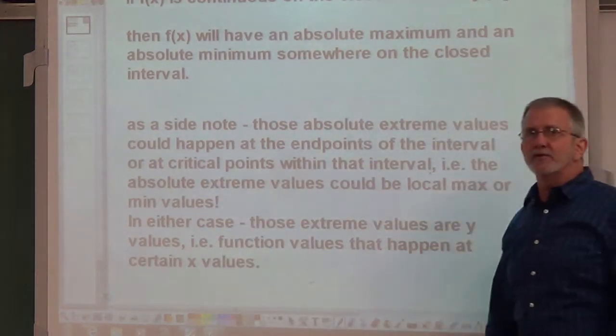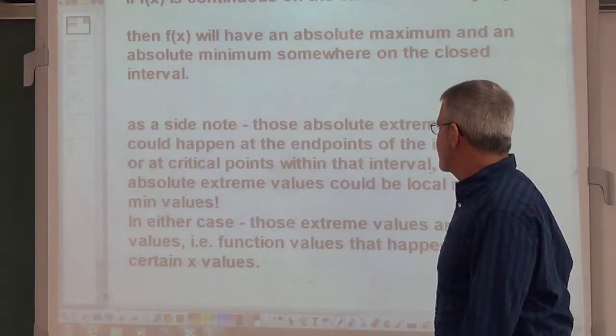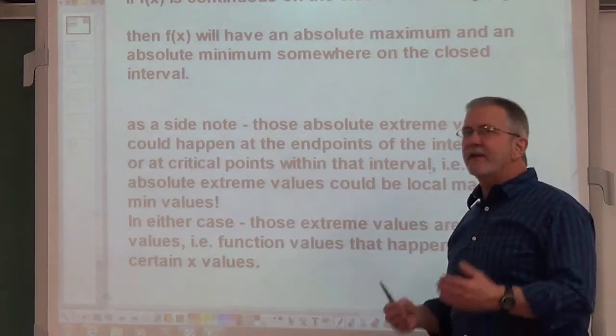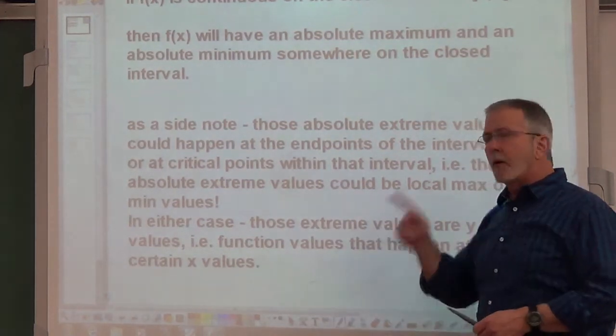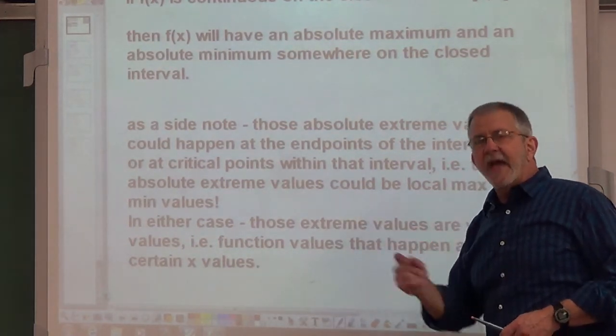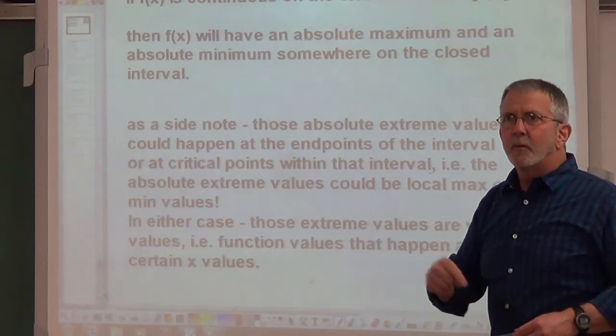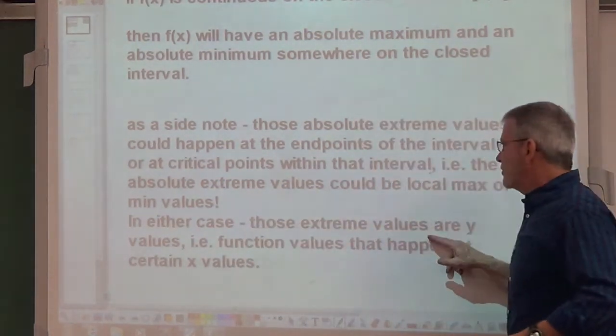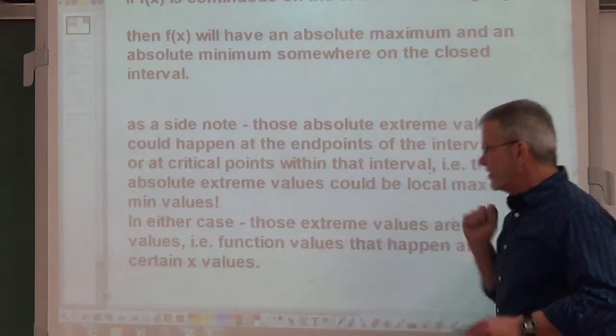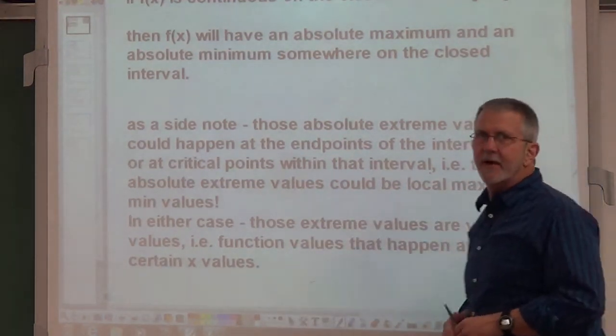We could also call those absolute max or absolute mins. In either case, the other thing that you need to know is that those extreme values are y values. They happen at x values, or t values, you're going to see in a little bit. But in either case, those extreme values are y values, function values, that happen at certain x values.